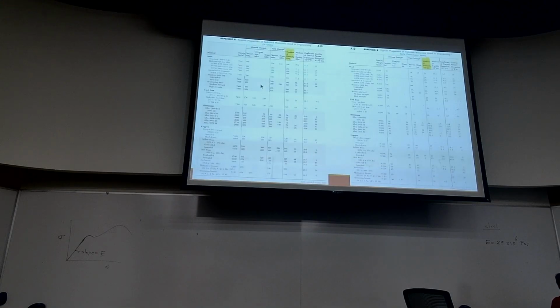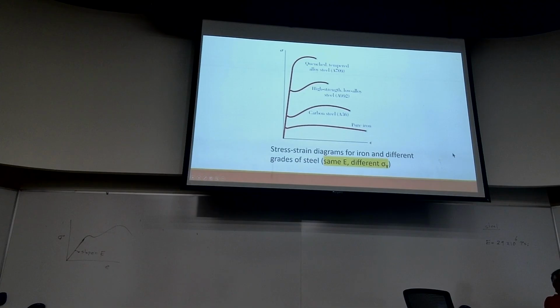And you can see those numbers in our table. This is ultimate strength, in megapascal. We have 400, 450, 550, 450, 760. These are all in megapascal. So sigma U's are different, but the E's are all the same for these different types of steel. Do you have any questions about this?